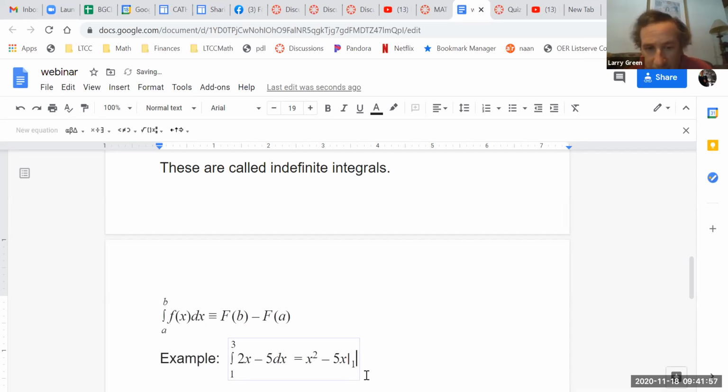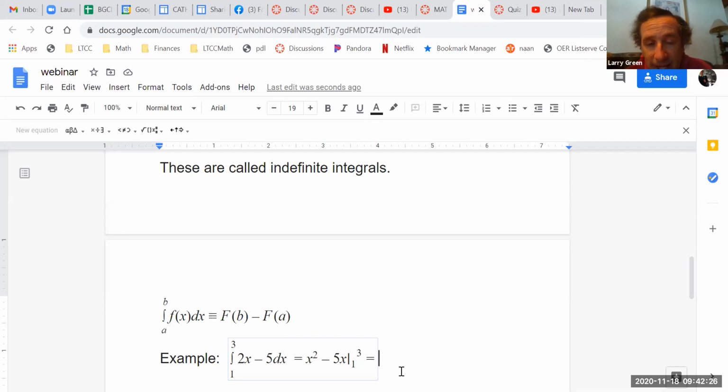So the way it's done is like this. The 3 is a little farther right than it should be, but that's as much as I can do with this program. What you do is you write down the antiderivative, then you put a little vertical line segment. At the bottom, you put a, at the top, you put b. That's the middle step. Then we plug in.